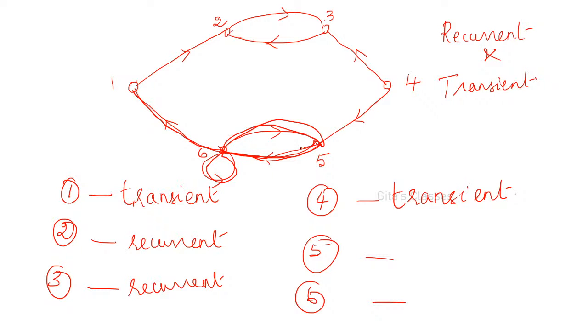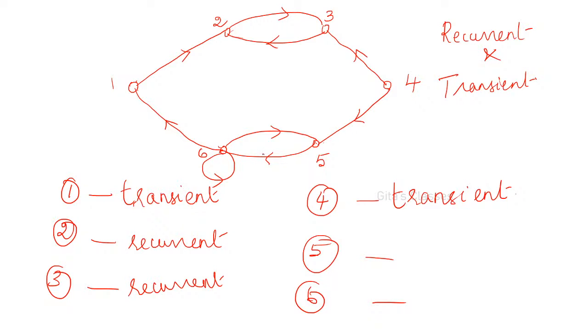See, from 5, if you are going here and coming back, fine. If you are taking another route also, fine. Second time, if I go to this route and here, is it possible to come back to 5? Anyone? If it comes out of 6, is it possible to come back to 5?